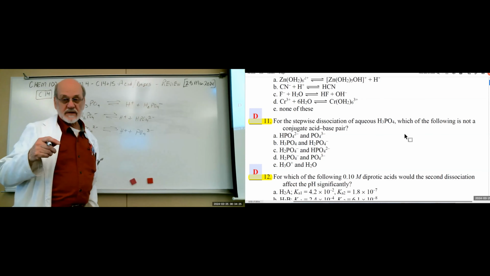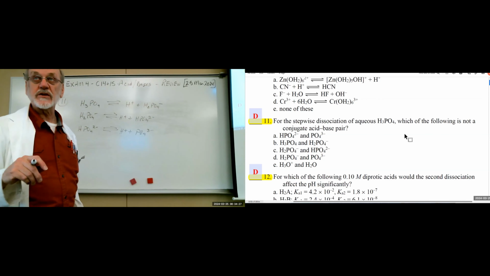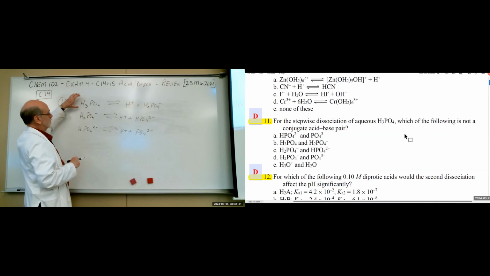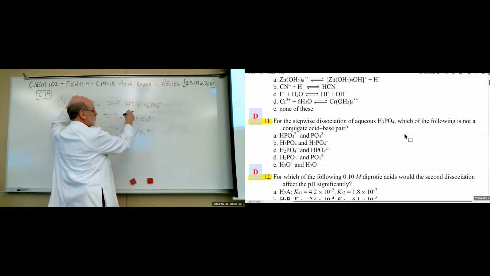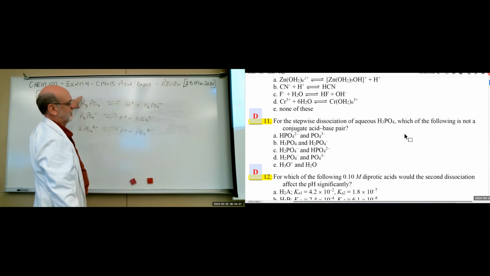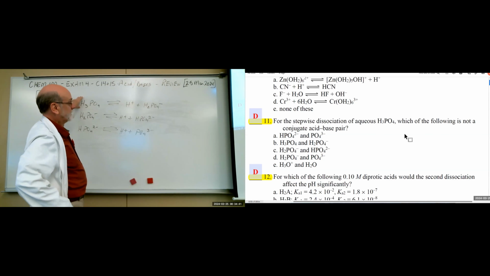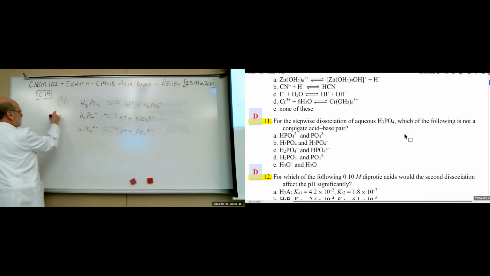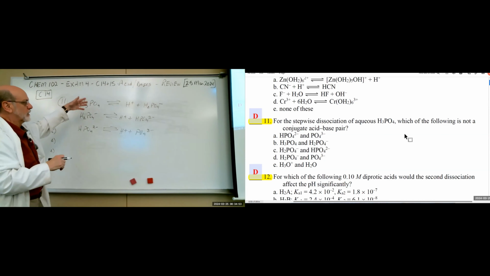So which of the following is not a conjugate acid-base pair? What's the acid-base pair for this one? H3PO4 and H2PO4 minus. Is that one in there? Let's just start with A, and check each one, C, D, and E, and see if it's in here.